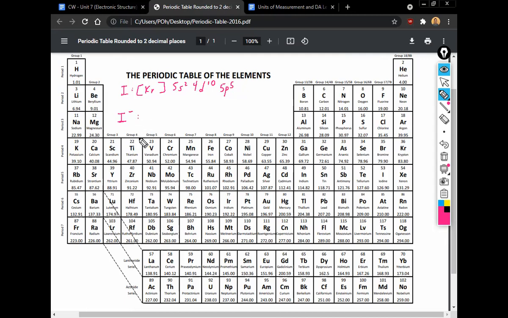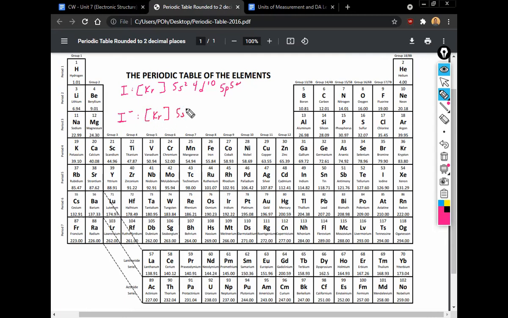Okay, so let's think about this. If there's a negative charge, did I gain electrons or lose electrons? You gained electrons. So we need to fill up electrons in the outermost subshell, right? So for I minus, what happens to this value right here? It increases. So it's going to be 5p what? 5p6, correct.